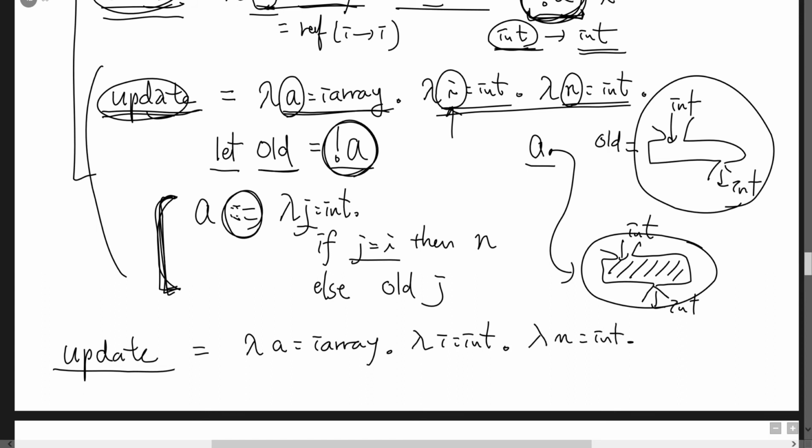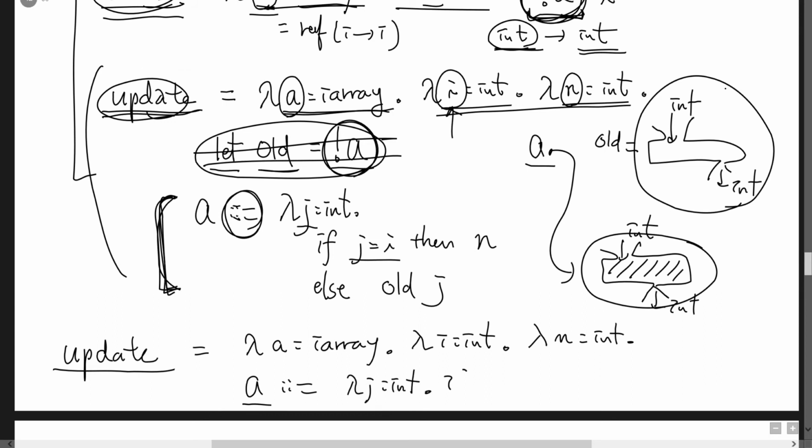And then what I do is I directly update without taking a copy of the current value. So this part is gone. And I directly update this A with a new lambda abstraction. If j is equal to I, then you return n.